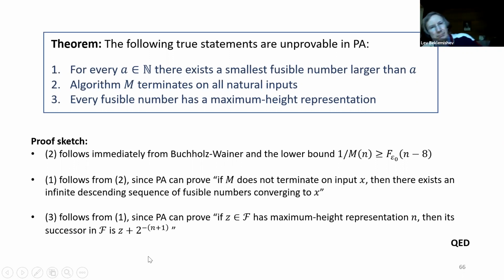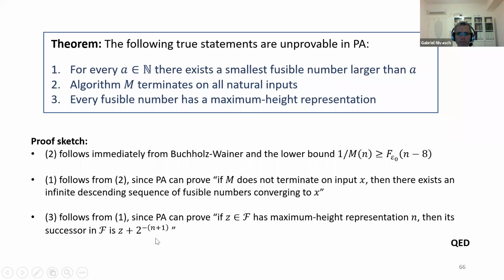And in order to prove that Peano arithmetic cannot prove that, you prove that if Z has a maximum height representation n, then not only is this guy fusible, but it's the next fusible number.